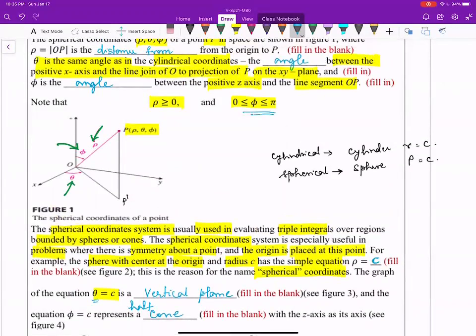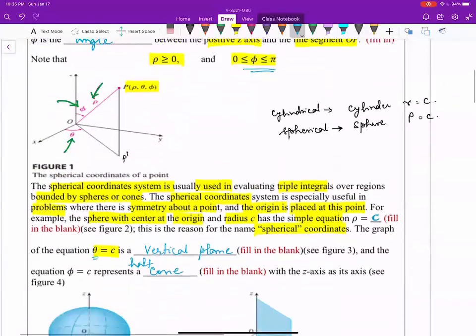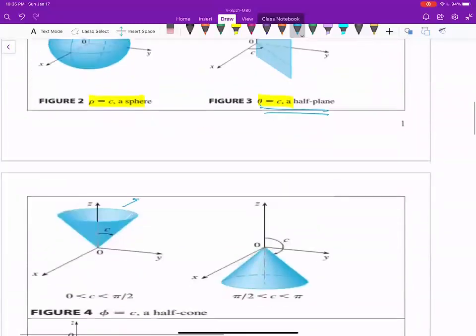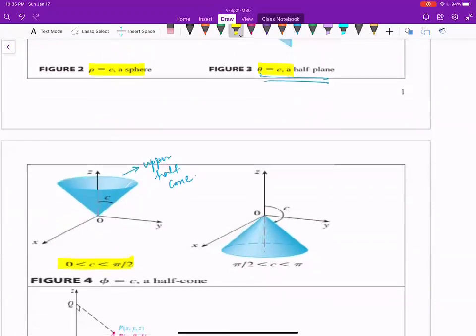If it lies between 0 and pi by 2, then it will be the upper half cone. If phi equal to a constant, but that constant lies between pi by 2 and pi, then it will be the lower half cone.